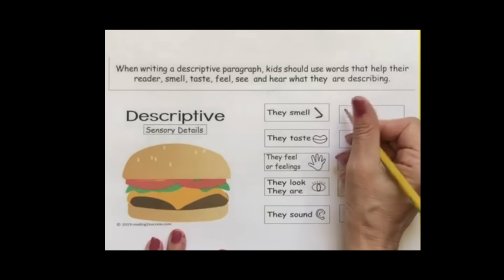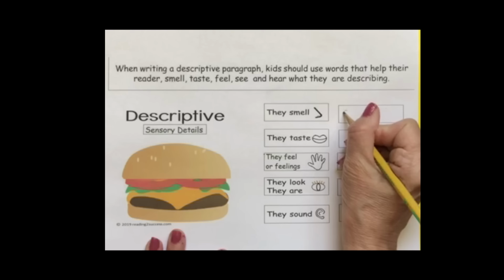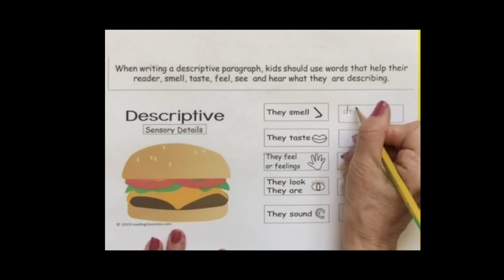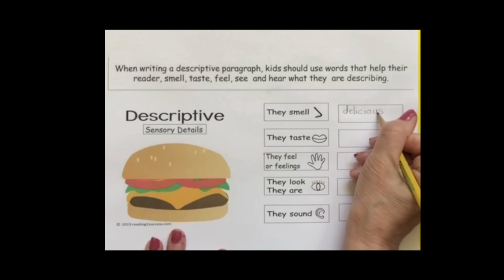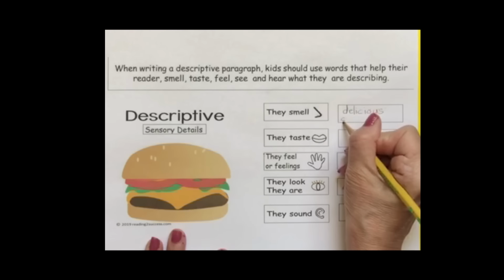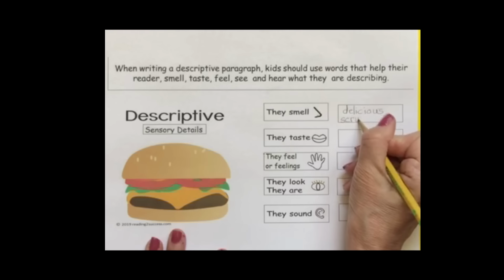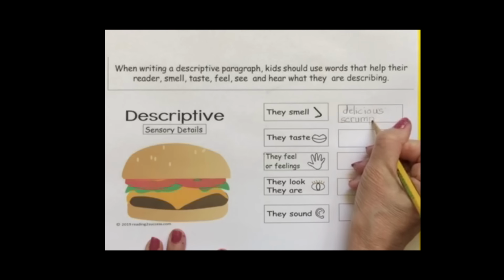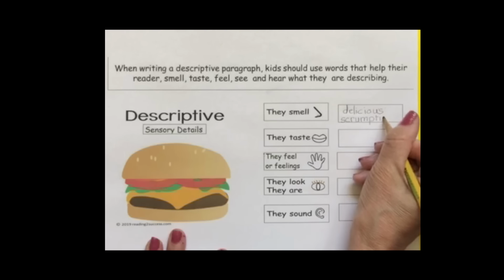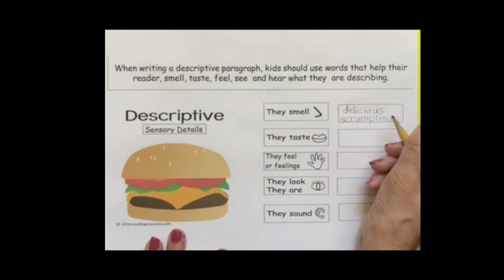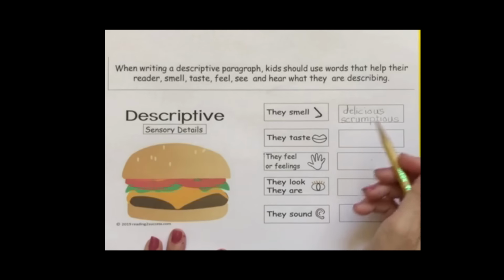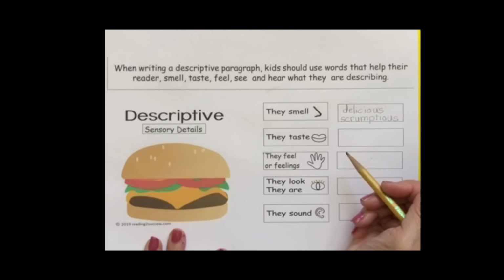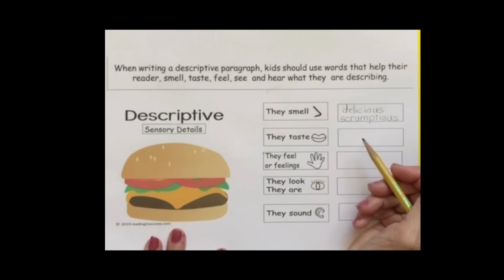The 2 answers that we decided on were delicious and scrumptious. And your kids may have different words, and that's okay. Put them in here. We don't have to necessarily use both of them. We can use one. We'll see when we get to the writing of the actual details.